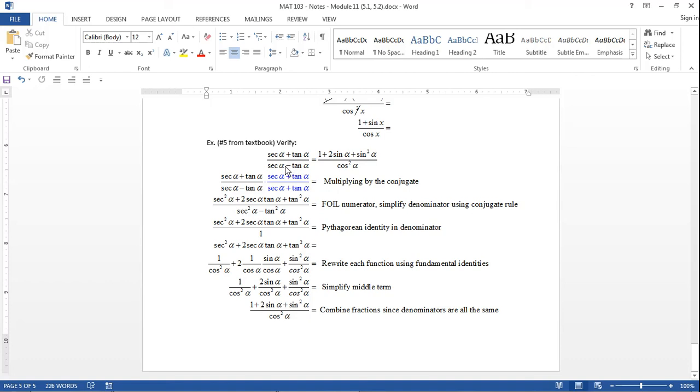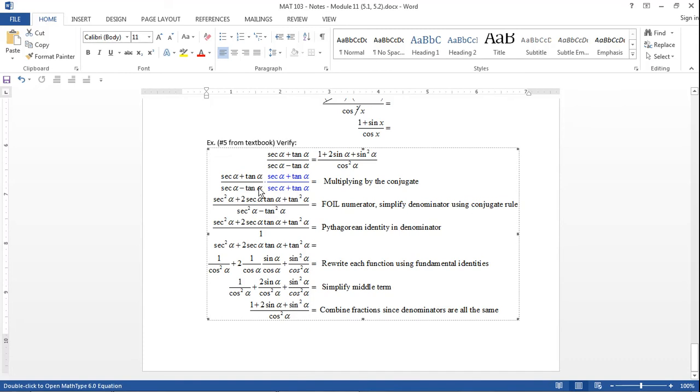So I've got secant minus tangent in the denominator. I multiply by secant plus tangent. That allows me to square secant, square tangent, take the difference. And that is going to be one of my Pythagorean identities as well. Secant squared minus tan squared is 1. So a beautiful result there.